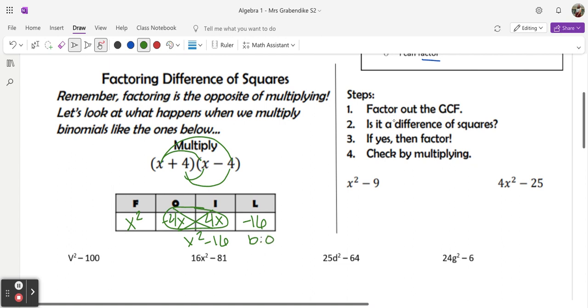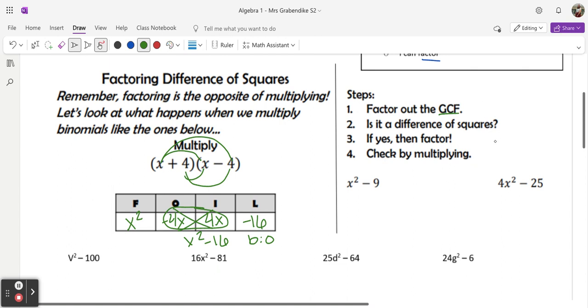So here, of course, our first step is always to check for a GCF. You don't always have it. And then you can look for a difference of squares. Like if you recognize that this is a perfect square and so is 9, then you can look for that. If yes, then you know it's just going to be like 3 and 3 if it's 9, or 5 and 5 if it's 25. Then, of course, you can check by multiplying like this.